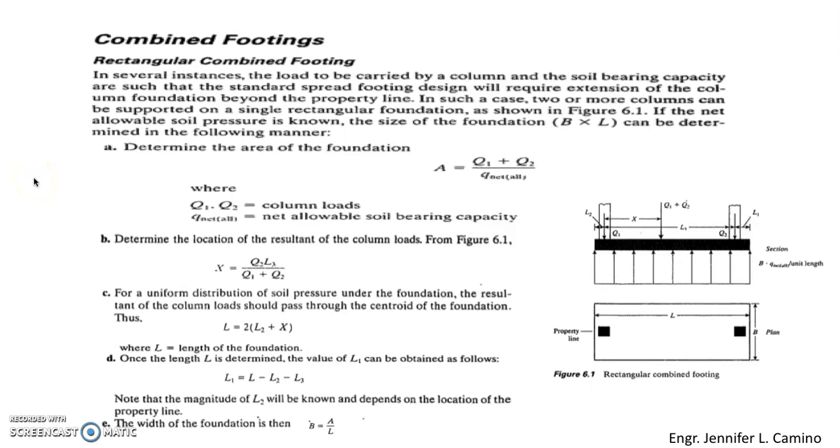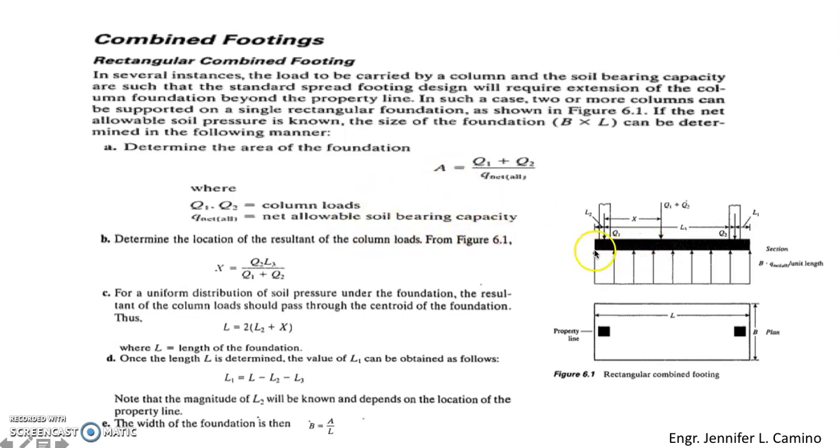For rectangular combined footing, if you're going to identify the net allowable soil pressure, with a size of foundation which is B times L, we can have these steps to analyze rectangular combined footing.